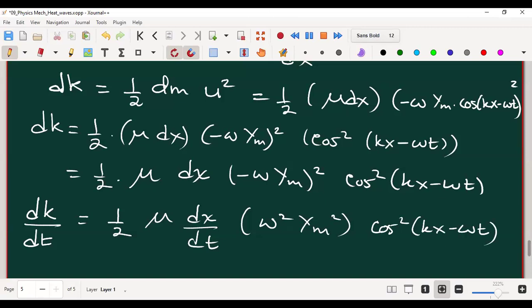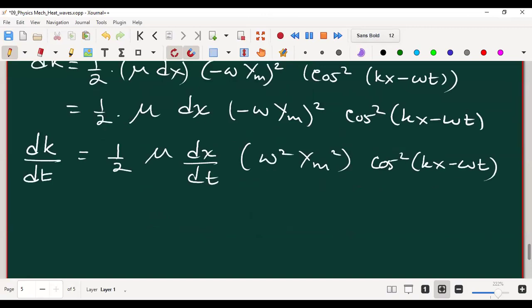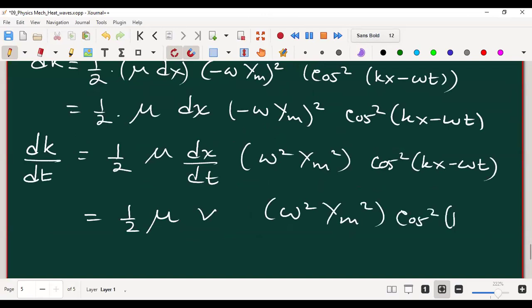Okay, remember that dx/dt becomes v, right? v is velocity. So this one becomes half of mu v omega squared ym squared cos squared of (kx − ωt).